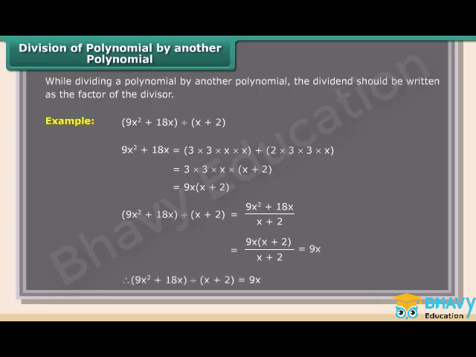Therefore, 9x square plus 18x divided by x plus 2 is equal to 9x.